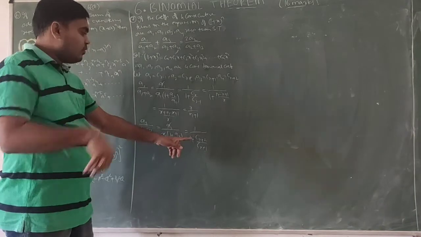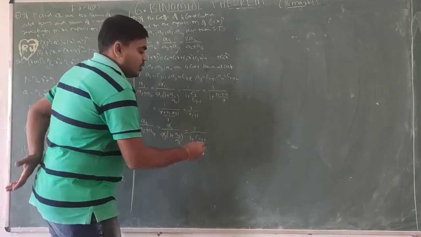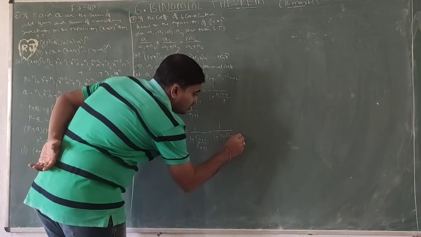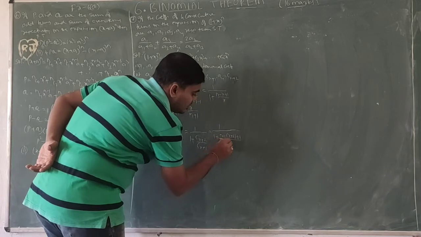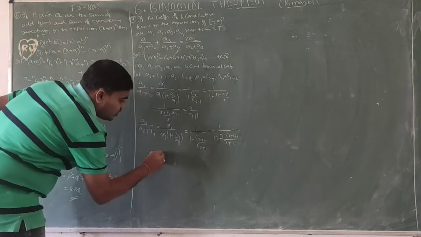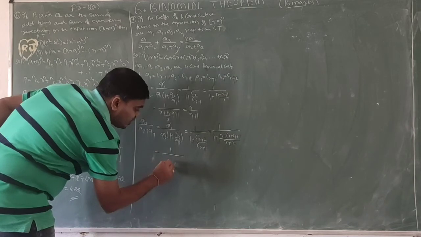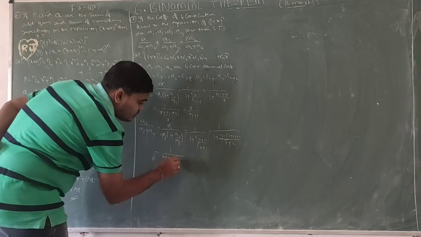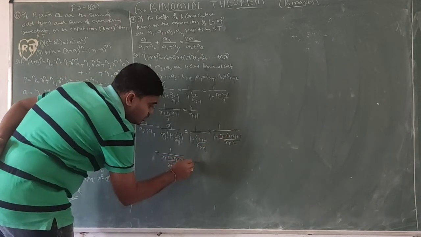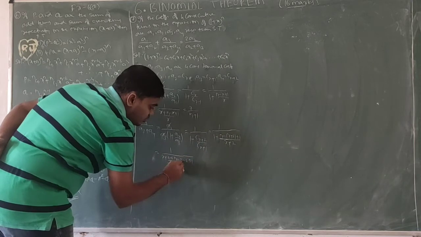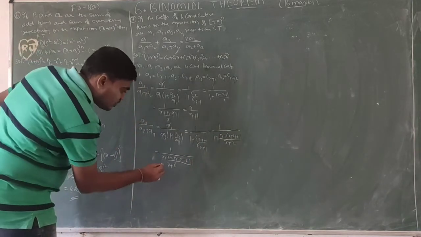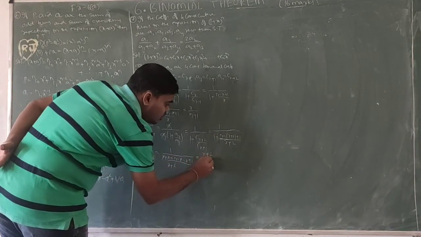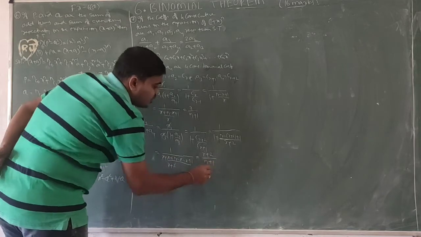Same like that formula, but instead of r plus 1, r plus 2: 1 by 1 plus n minus r plus 2 plus 1 by r plus 2, which is equal to 1 by LCM r plus 2, r plus 2 n minus r minus 2 plus 1. Now r getting cancelled, 2 getting cancelled, n plus 1.